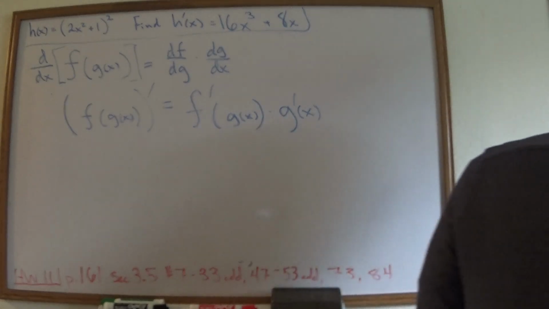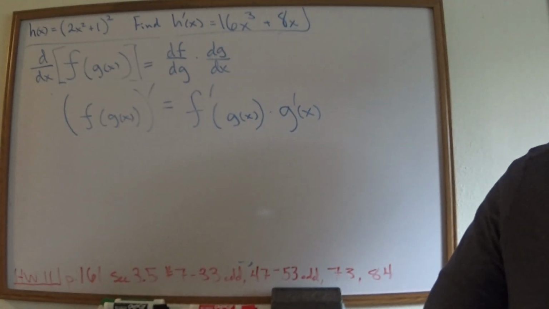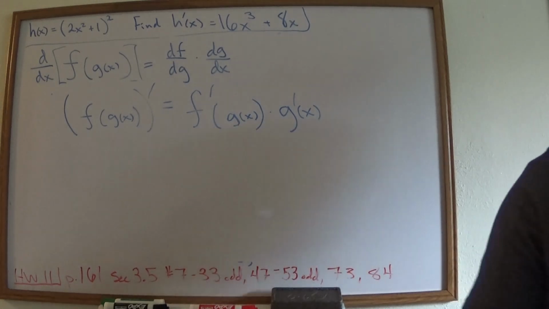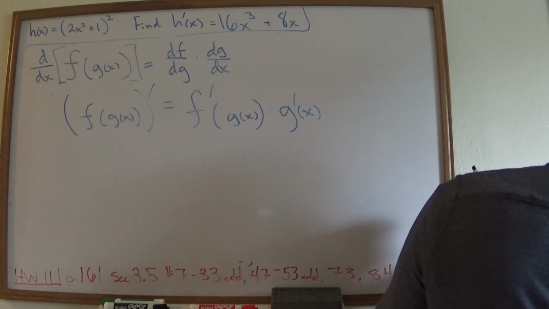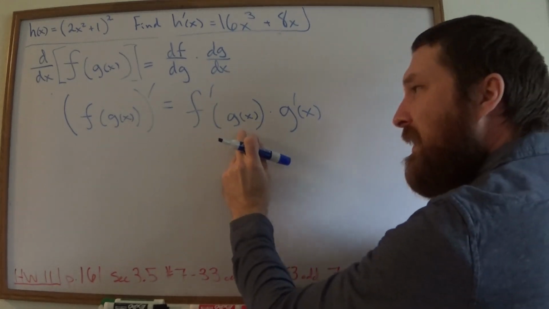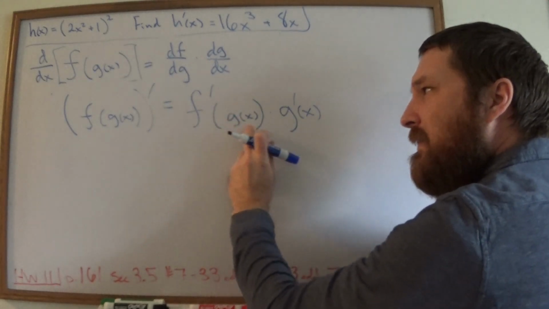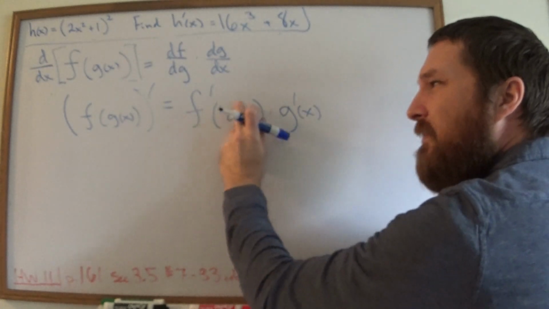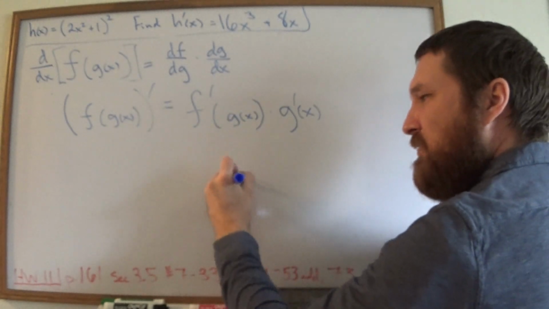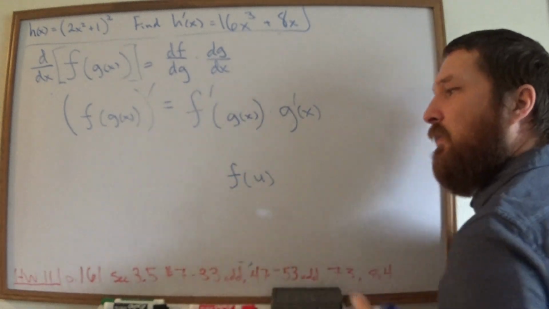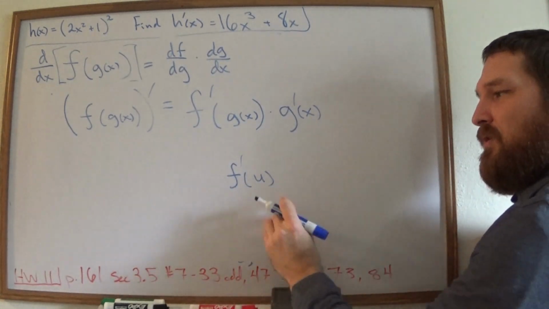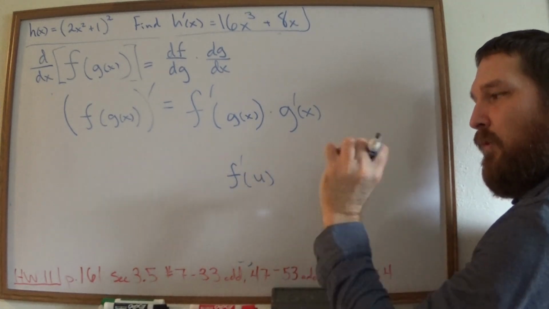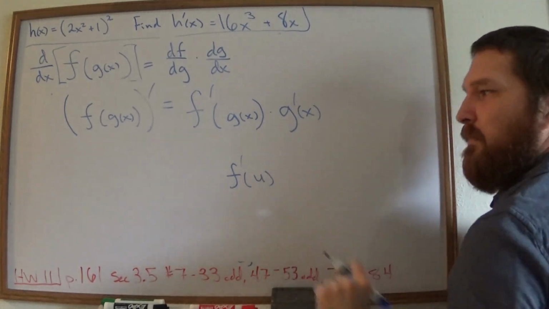Now, the best way of doing this is to do an example. Another way you could think about this right here is whatever that stuff is, you could just pretend it's just one single variable. And then when you take the derivative of it, you just pretend that it's just x, or just one variable.